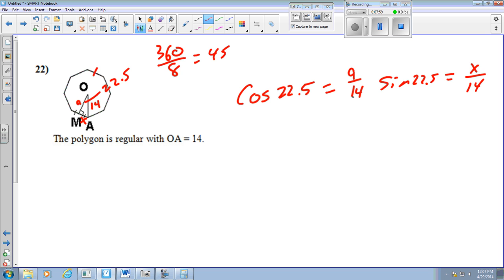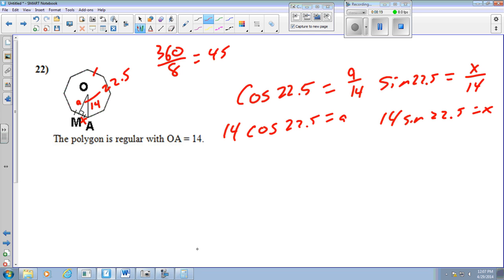So for both of these, I'm going to have 14 times the cosine of 22.5 is my apothem. 14 times the sine of 22.5 is my x. When we multiply that by 16, twice the number of sides, we will get the perimeter.